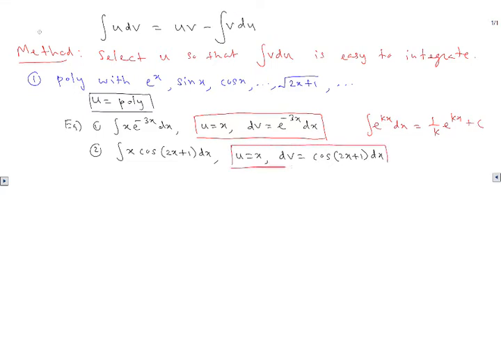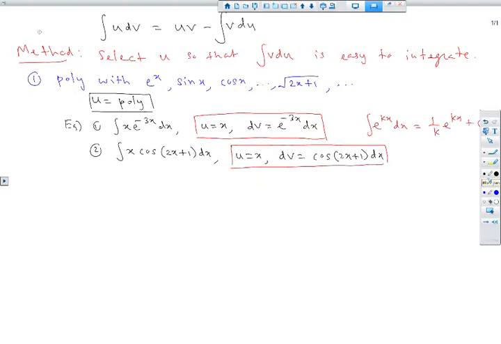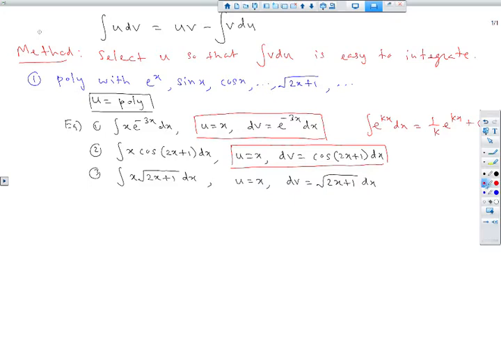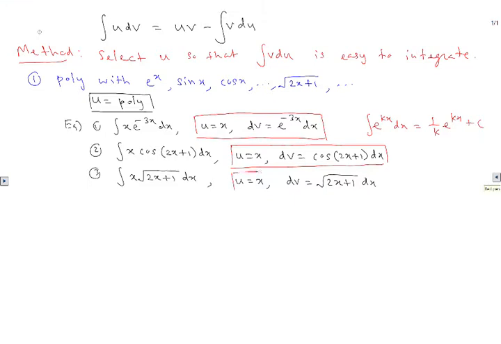Let's look at the third one. How about x times the square root of 2x plus 1. Again, according to the argument, you're going to select u as x, and then dv as the rest of the integral, that means the square root of 2x plus 1 dx.